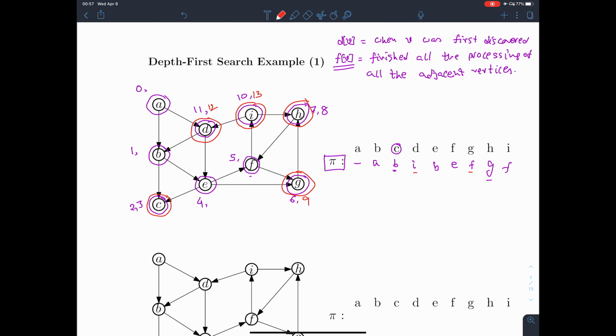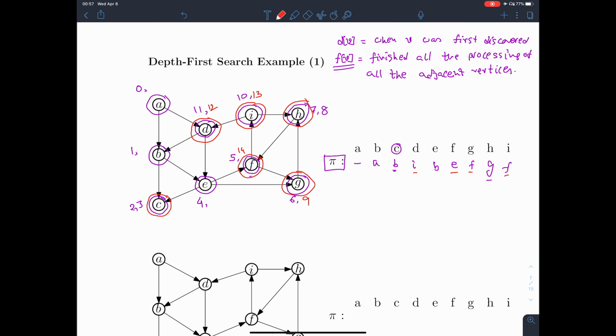What is the parent of I? Parent of I is F. So we go back to F. Is there any vertex that is adjacent to F but not discovered? No. So we can finish processing with F. The time we have finished processing with F is 14.